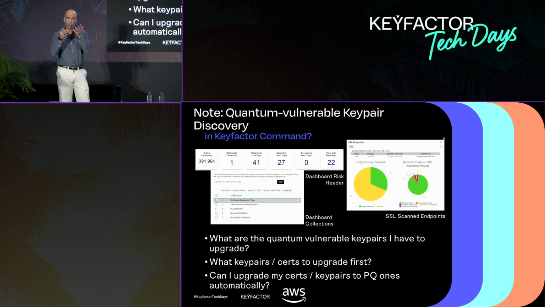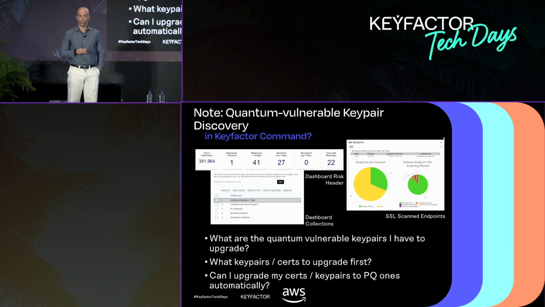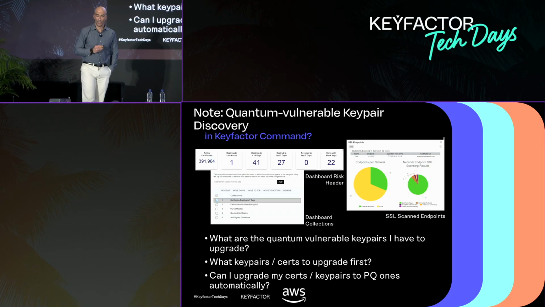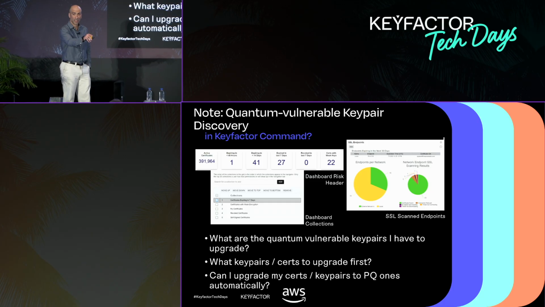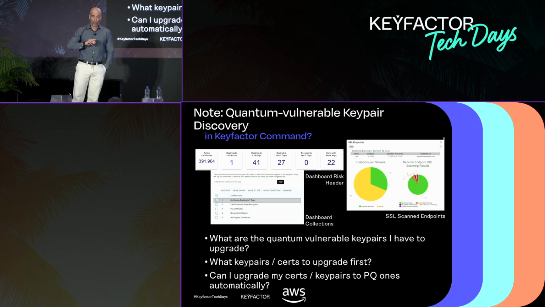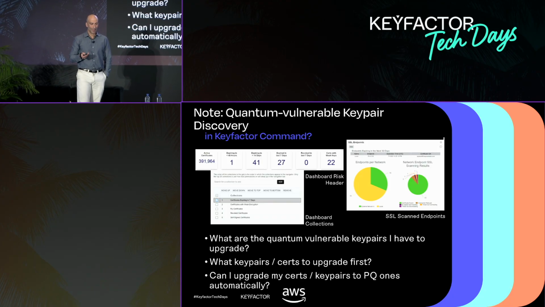So there is a need for discovering these things, and I'm teasing Keyfactor Command and other third parties that offer such solutions. That's something that we will need, and our customers will need, in order to prioritize the migration and not have blind spots, if possible. So don't ask me if these things are coming to Keyfactor Command. I don't have a clue, but go to Ted. I'm sure he's going to love it.